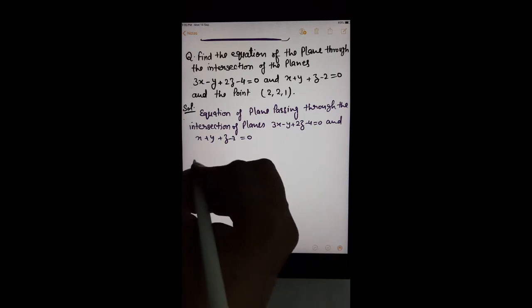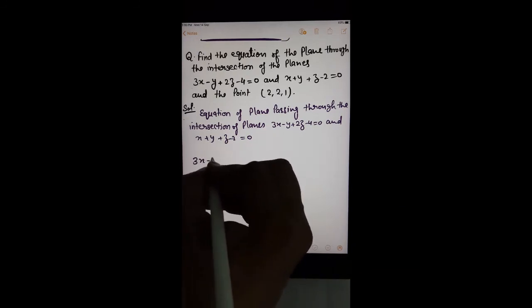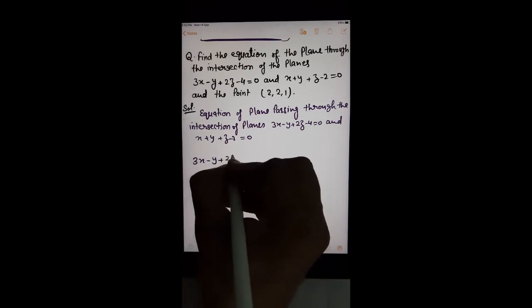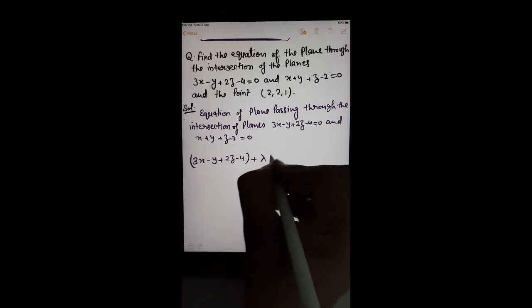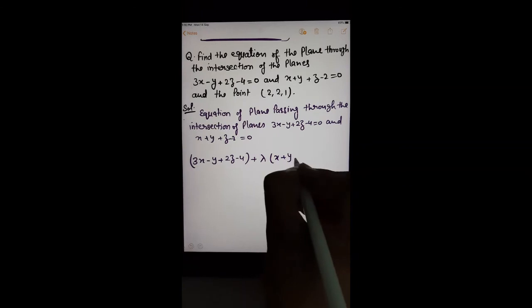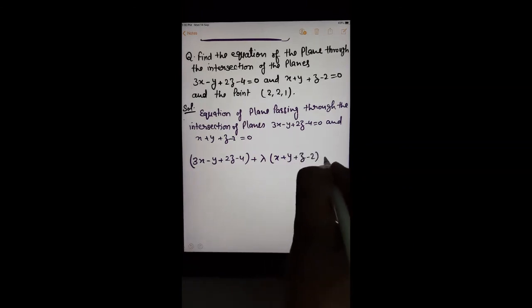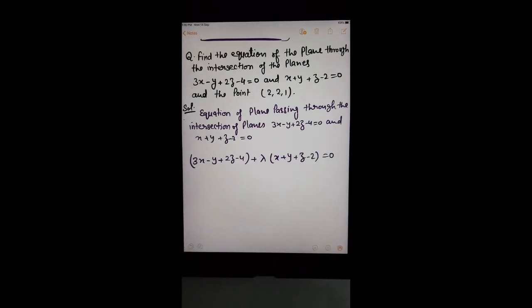It will be 3x minus y plus 2z minus 4 plus lambda times (x plus y plus z minus 2) equal to 0. This is the equation of the plane that is passing through the intersection of these two planes.